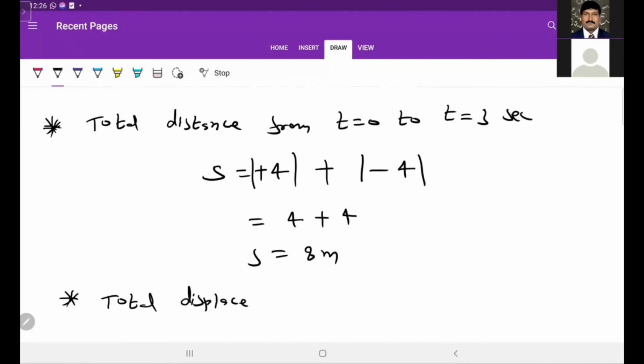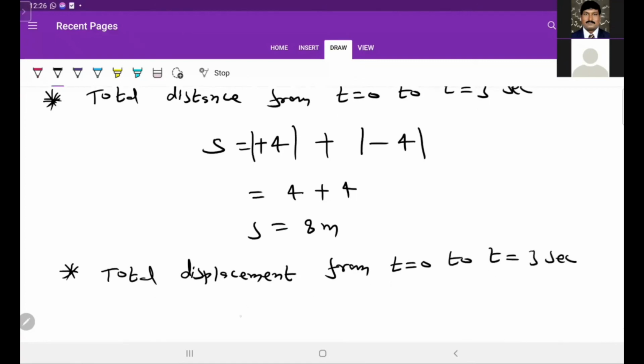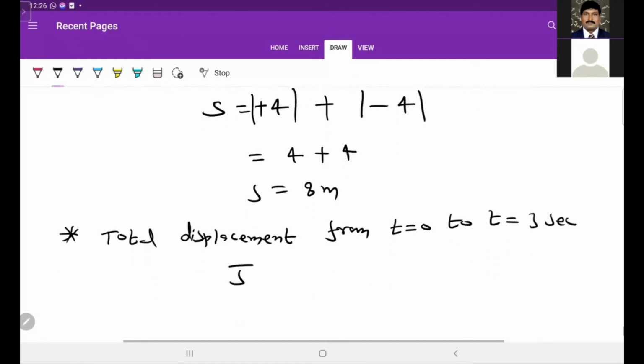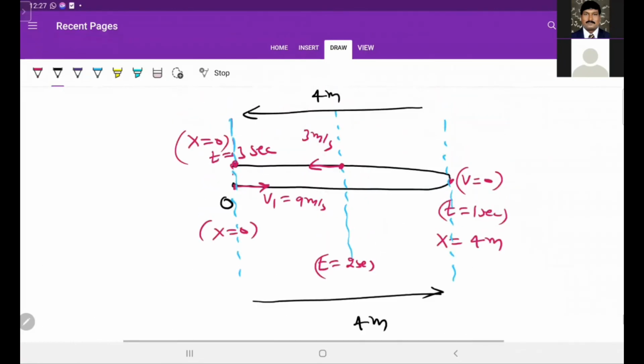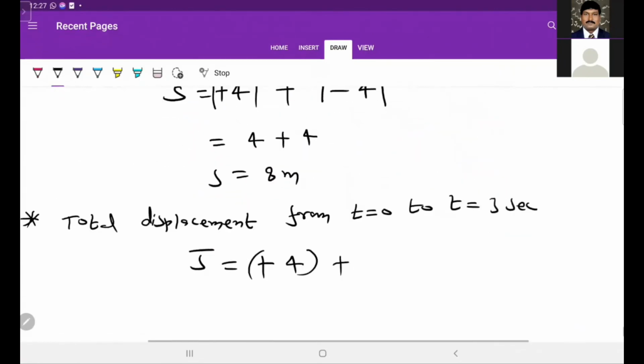Total displacement from t = 0 to t = 3 seconds is s bar. It is a vector. S bar is equal to -4 plus 4. See, initially it is moving right side. Finally it is moving left side.